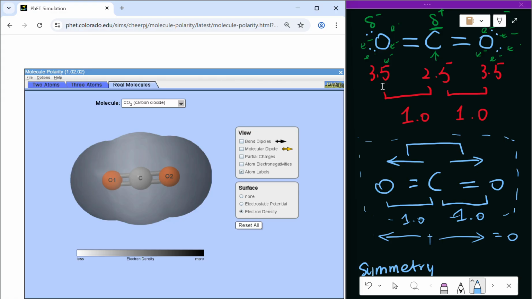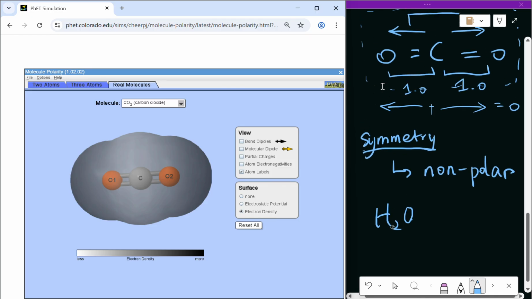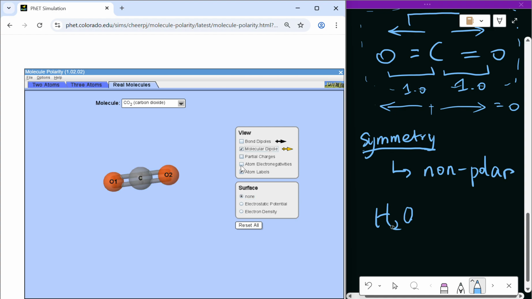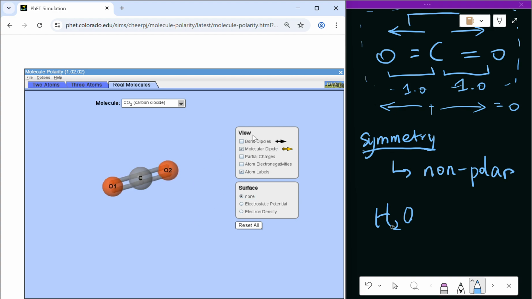The greater number means it has a greater capacity of pulling electrons to its own side. And if we look at the bond dipoles, we will see that we have two arrows pointing to two sides. However, if we look at molecular dipoles, we will see that this molecule has no molecular dipole, which means it is a nonpolar molecule.